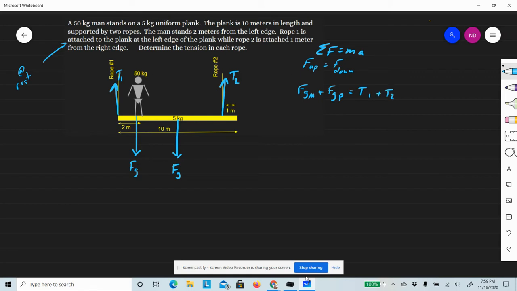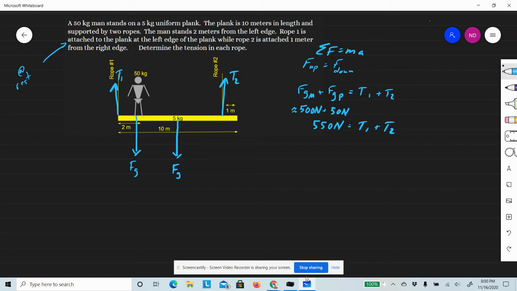You can figure out the weight of the man. We'll use 10 as a nice simple number for the acceleration due to gravity, so the weight of the man is 500 newtons. And the weight of the plank is going to be 50 newtons. So you get 550 newtons equals T1 plus T2, but there's no way to separate those T1s and T2s.